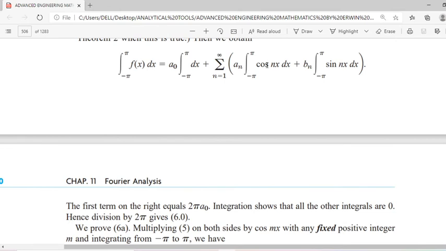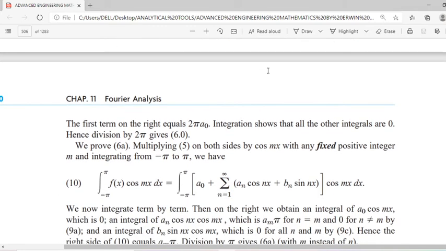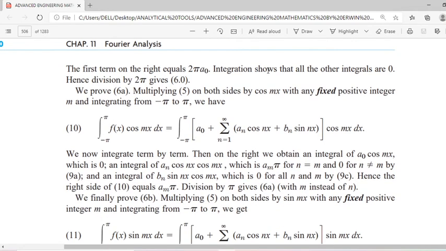This is because cos and sin are periodic functions, so after integration the contributions subtract each other. Now consider the integral from minus pi to pi of f of x cos mx dx. We substitute the expression of the Fourier series here, times cos mx dx.